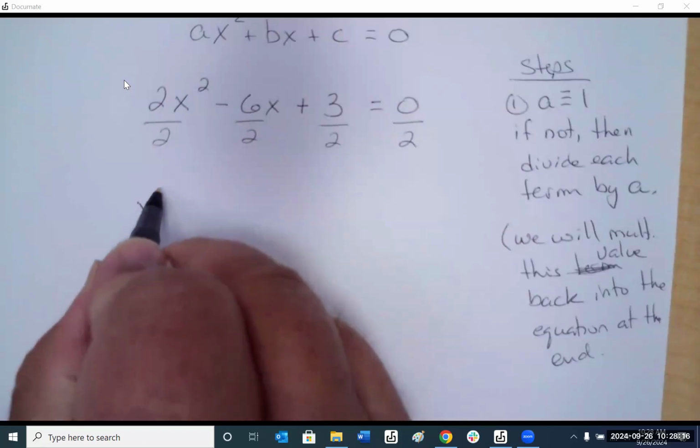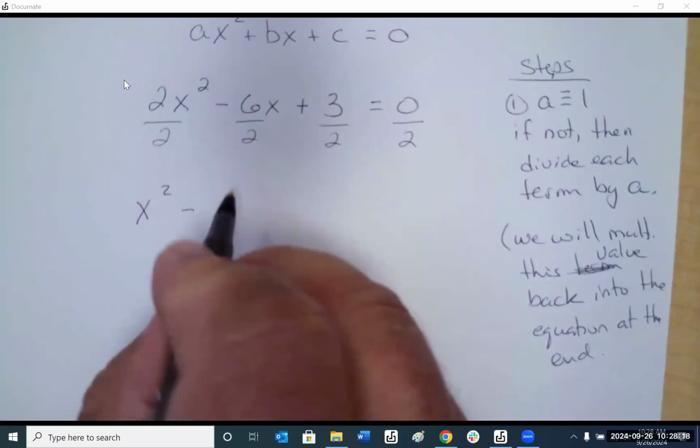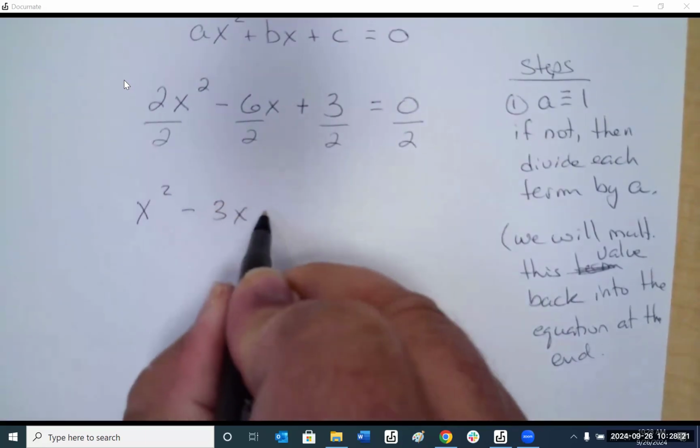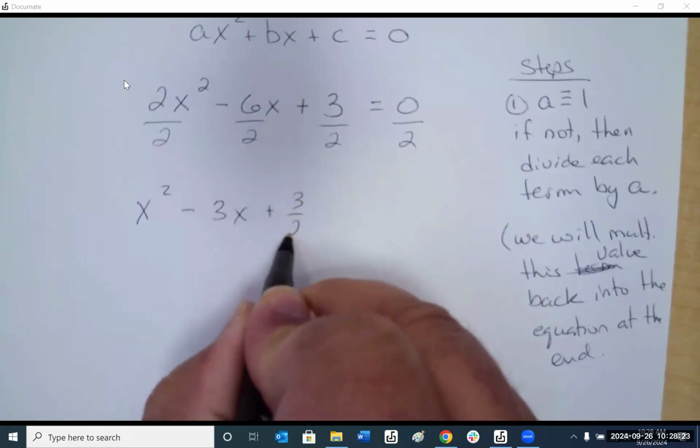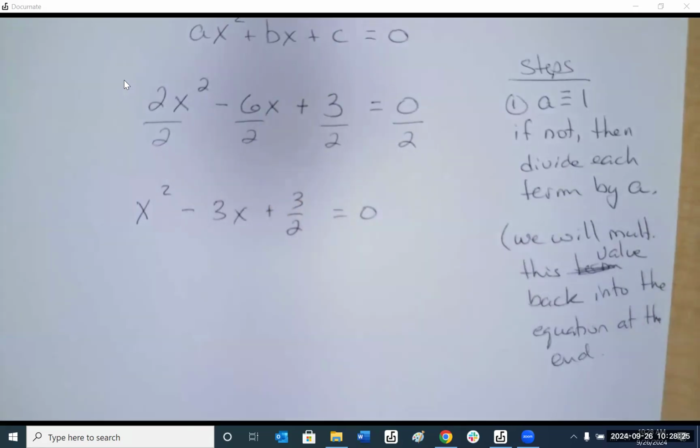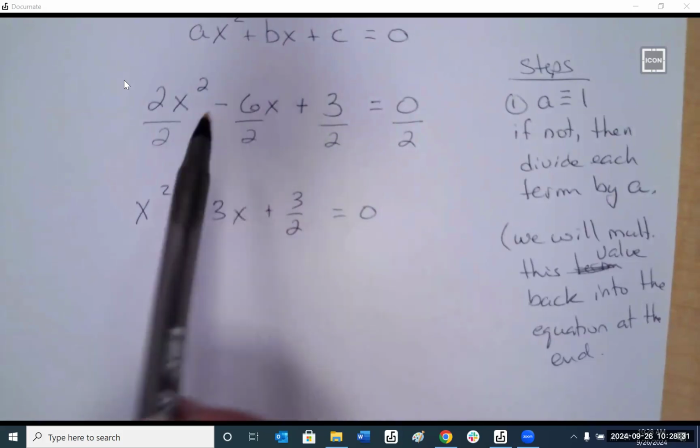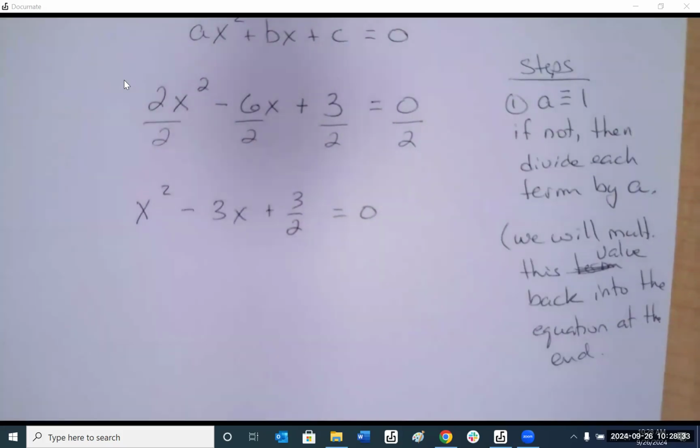So now we have x squared minus 3x plus 3/2 equals 0. Because what's happening here is the same as if we factored out the 2. It's still going to be a coefficient, it's just not there. So we'll multiply it in at the very end.